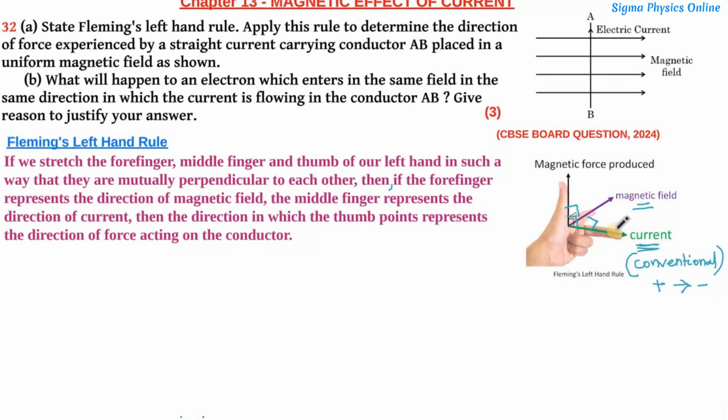So the middle finger represents the direction of flow of the conventional current. Then the direction in which the thumb points represents the direction in which the force will act on the conductor, or the direction of motion of the conductor. So this is Fleming's left-hand rule.